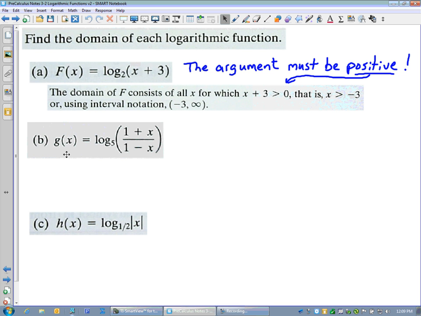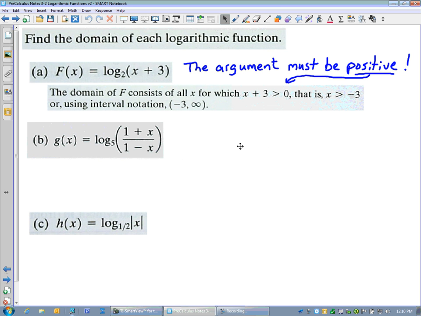Likewise, with b, we have log base 5, and it actually doesn't matter what the base is, you still can't take the log of a negative number. So now we have the inequality that this rational function, inside the parentheses there, has to be greater than 0.